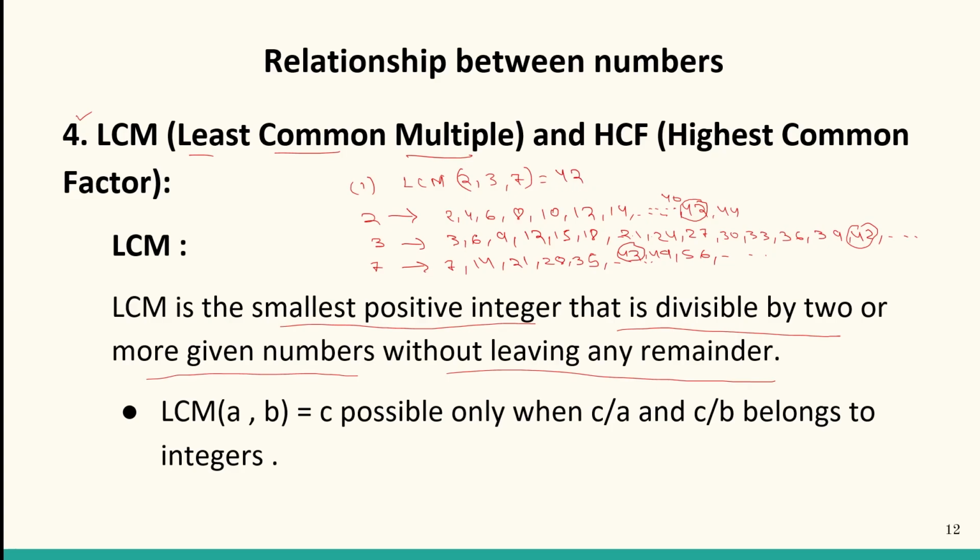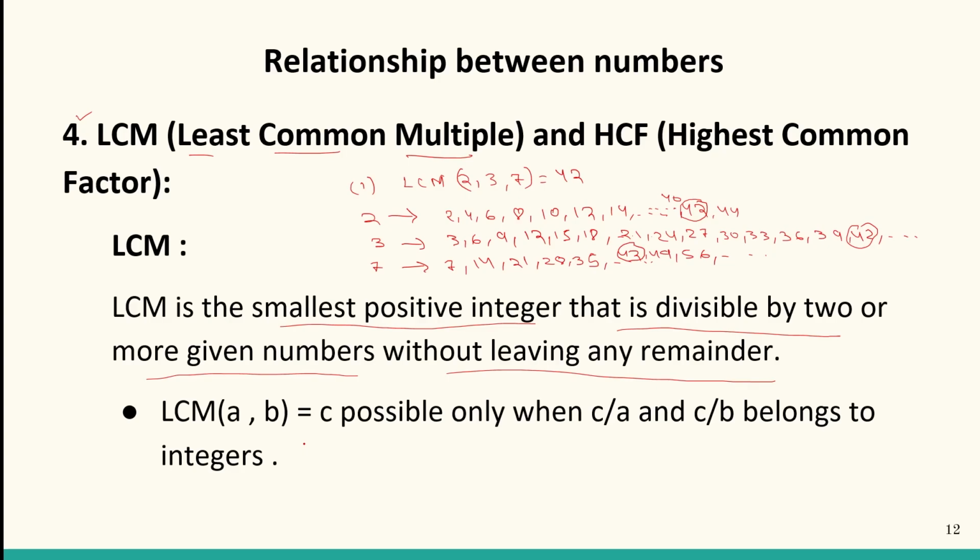Okay, we will also learn another property, that if we are trying to find LCM of prime numbers, then the LCM is their product. So 2 into 3 into 7 is equal to 42. We'll learn this property in the upcoming slides. So LCM of A and B is equal to C possible only when C divides A and C divides B, belonging to the integers.